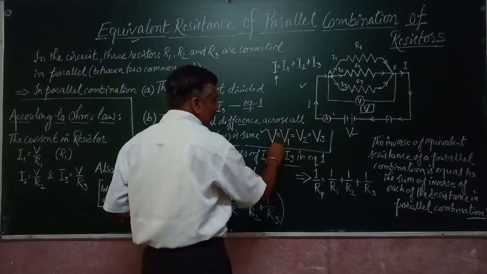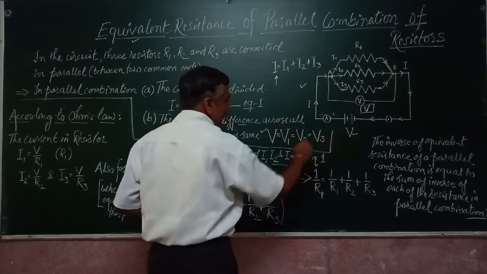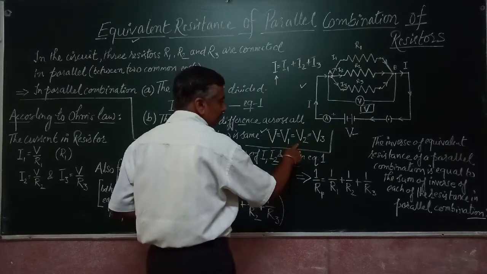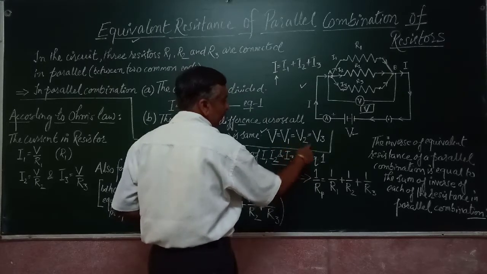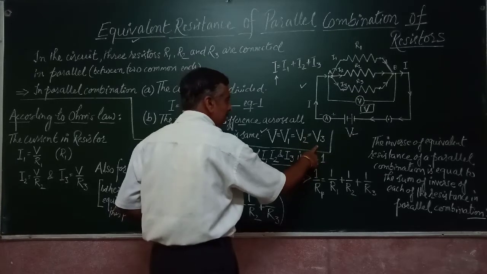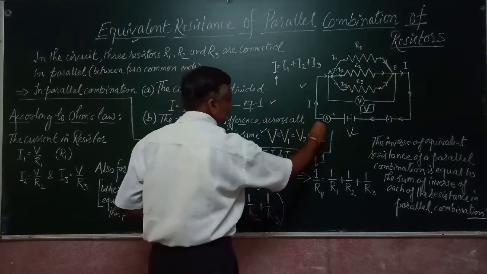V is the total potential given by the battery, which is equal to the potential drop across branch 1, which is equal to the potential drop across branch 2, which is equal to the potential drop across the third resistor.